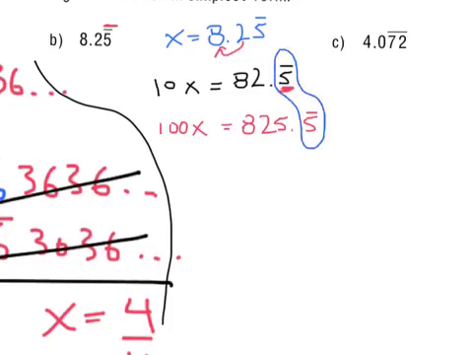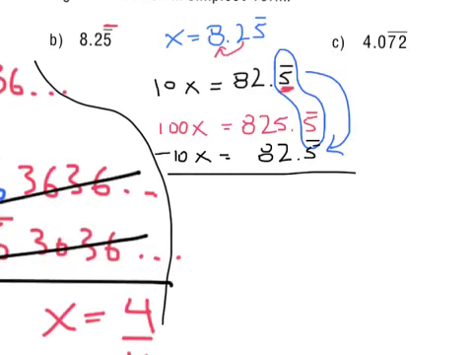Okay, the key thing you're looking for here is to have just the repeating part on the right side of the decimal. Now I'm going to take the top one and subtract it from the bottom one. Let me rewrite it though. So 10x equals 82.5 repeated.